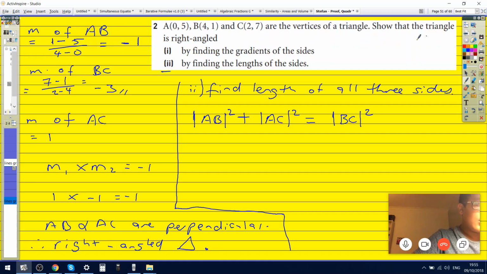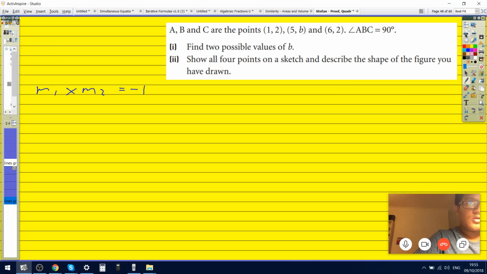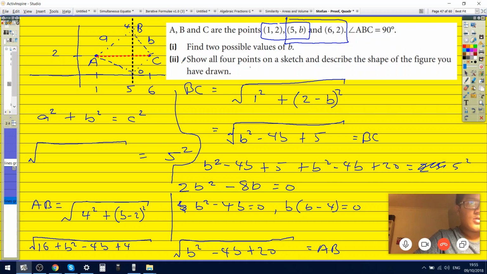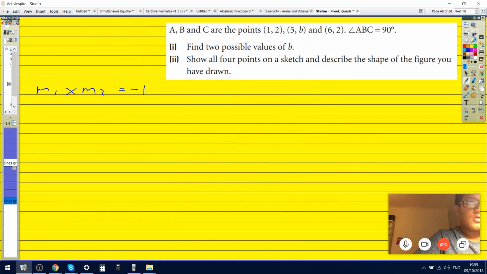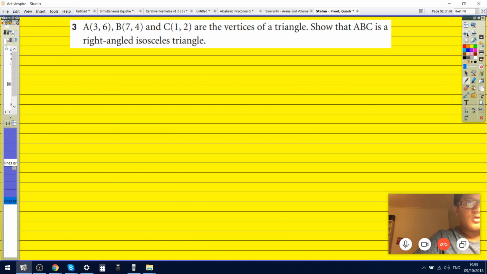So in our previous one, we didn't draw anything, and we got it. We actually did draw a little sketch, but we didn't need it. What if we didn't draw anything?